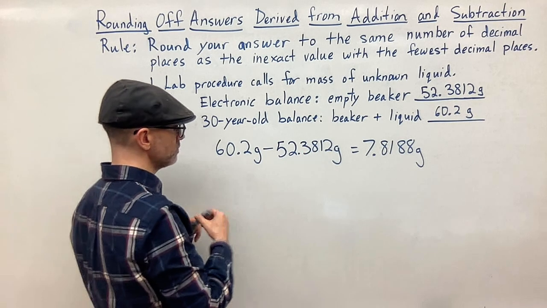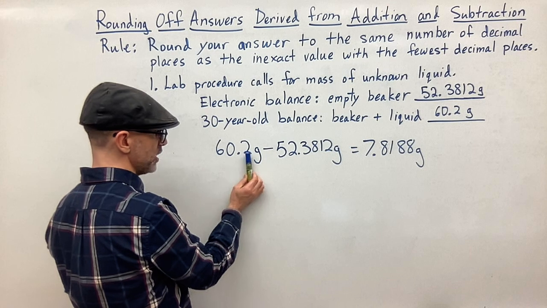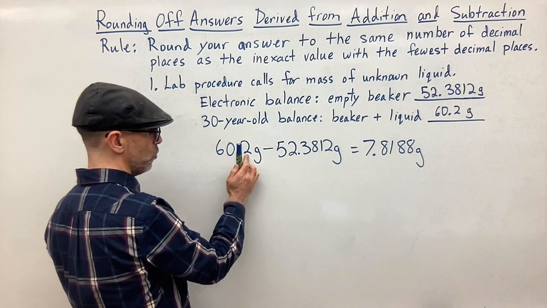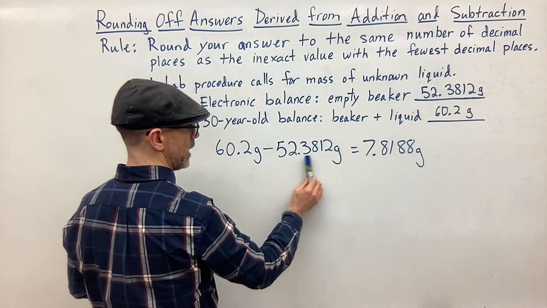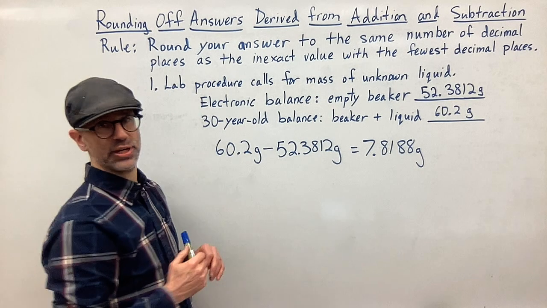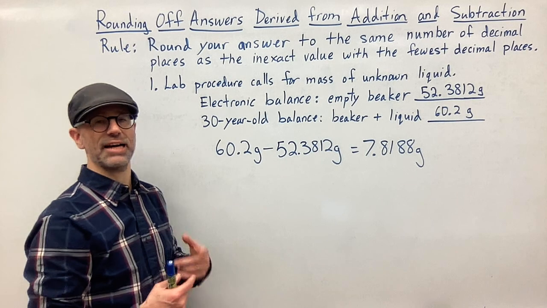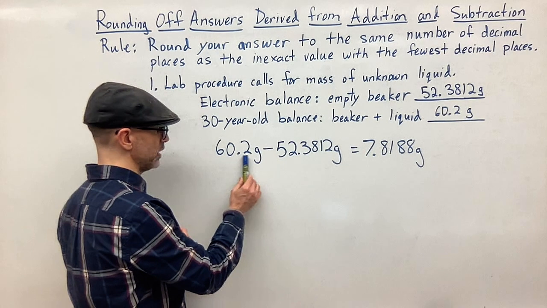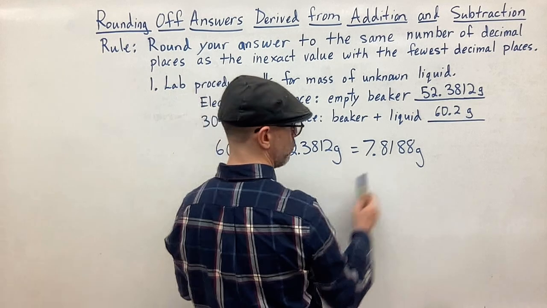So here, this has one digit to the right of the decimal point, so it has one decimal place. And this one has 4. Our answer should have the same number of decimal places as the inexact value with the fewest decimal places. This has the fewest, since it's 1. So that means our answer can only have one decimal place.